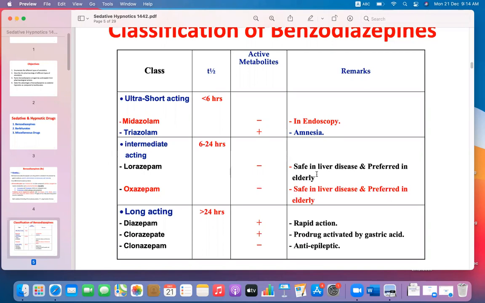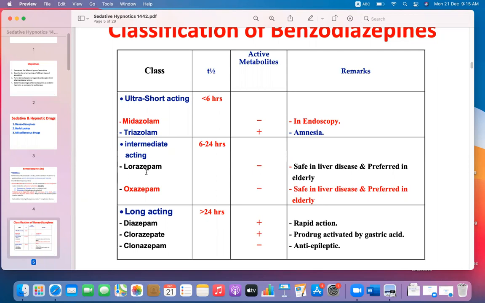Lorazepam is safe in liver disease and preferred in the elderly, in old persons. Generally, if there are two drugs, diazepam and lorazepam, which should you prefer?